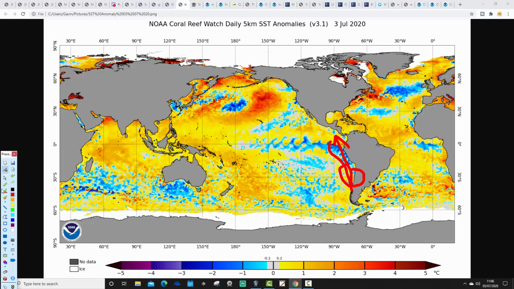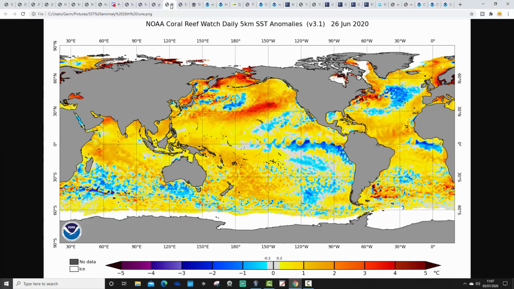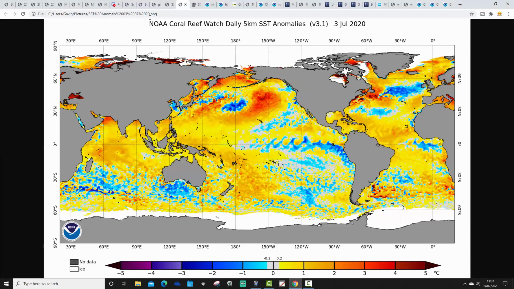Further north, let's have a look at the North Pacific last week. So that's how things looked last week in the northern part of the Pacific Ocean. Let's have a look at the latest. So the latest in terms of the Northern Pacific, very warm just here, a little bit cooler over towards the east coast of Canada and North America, a little bit cooler through here as well.